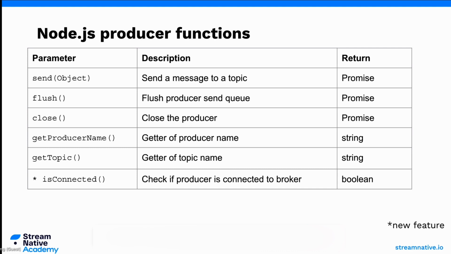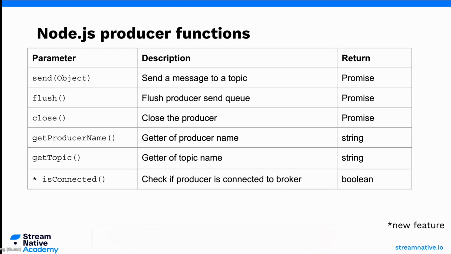You can make isConnected-like logic to reconnect or to handle, for example, the broker being unloaded, or a couple of other situations. If isConnected is equal to false, you can try to re-init the connection or re-init the producer, or even resend and flush the messages in the queue, for example. So this is for exception handling.